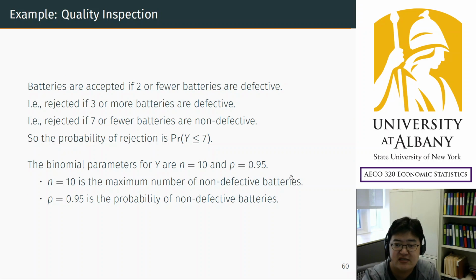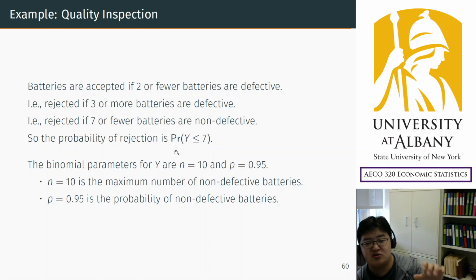And then, the next step. We just defined what we want to calculate. This is the probability we would like to calculate. The next thing we need to do is find the parameter values. In this case, you are randomly choosing 10 batteries and counting how many are non-defective. So the maximum number of non-defective batteries is 10.